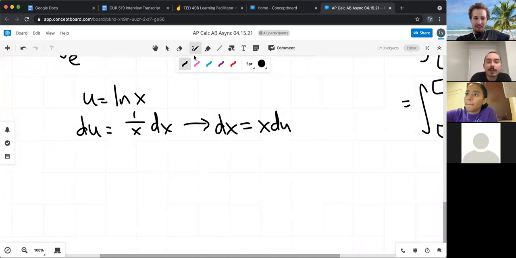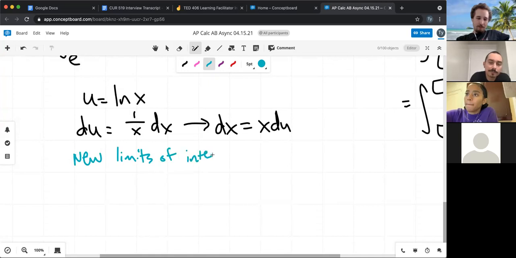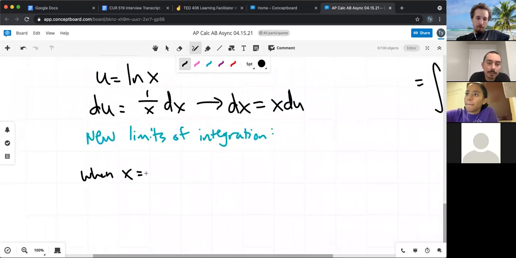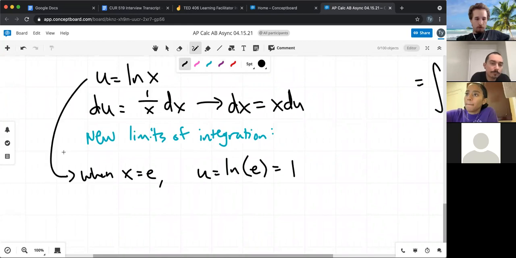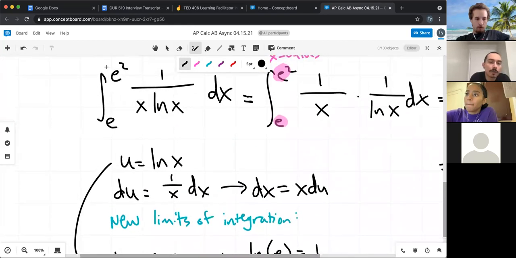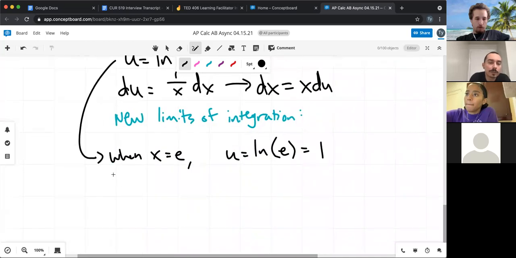So let's find our new limits of integration with u's. So we want u values. So we say when x is equal to e, u is equal to natural log of e. And the natural log of e is 1. Okay, and then we have our other limit, which was e squared.